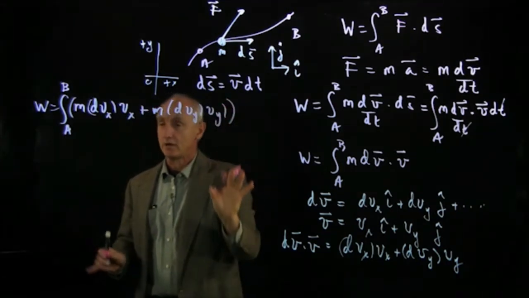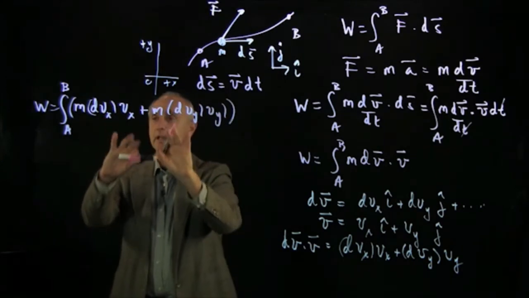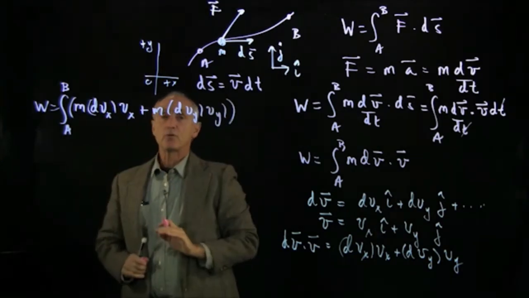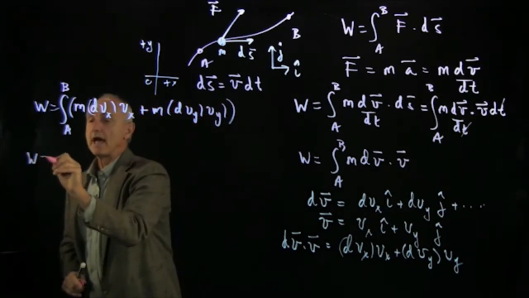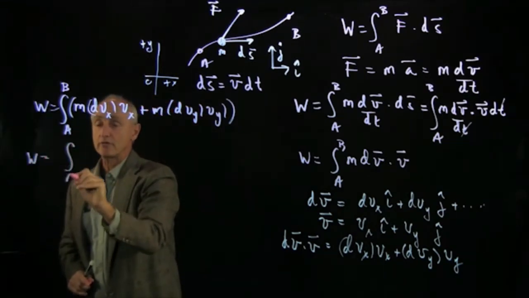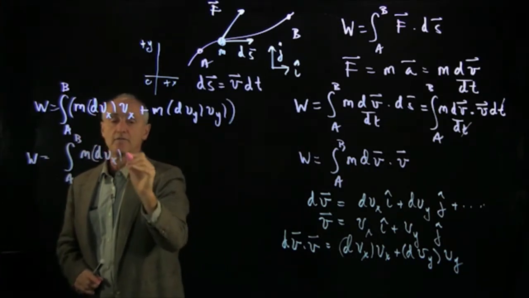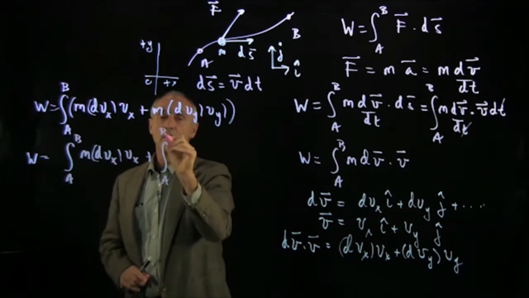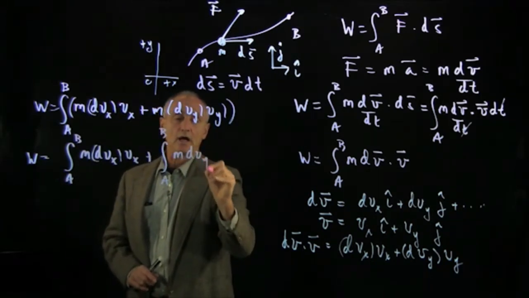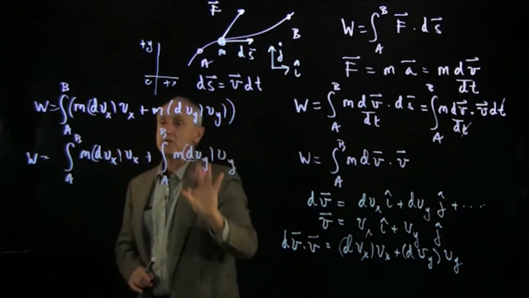Now, what we have here is a sum in the integrand. But by the rules of integration, we can rewrite this integral as two separate integrals: from a to b of m dvx vx, and from a to b of m dvy vy. And now we can integrate each of these separately.